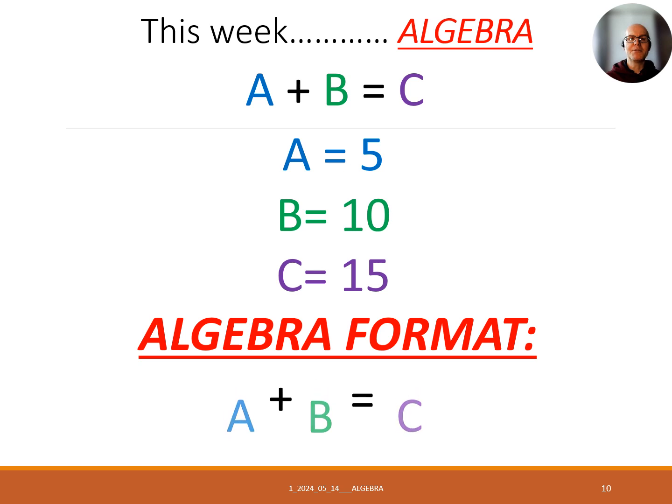A plus b equals c for the numbers 5 plus 10 equals 15. So same as our previous example, which was x plus y equals z. The lesson there is it doesn't matter what the actual letters are that you use, it's the values that these letters represent that is the important thing.